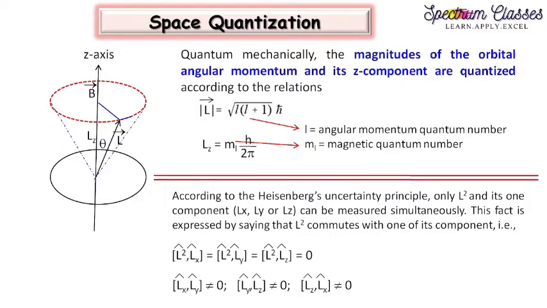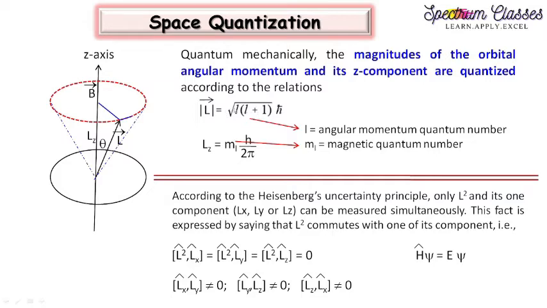You are very well aware of the Hamiltonian operator, where psi is the wave function and E is the eigenvalue. So here L square cap behaves like an operator. If these two operators commute with each other, then they have the same wave function and their eigenvalues are given by these relations.